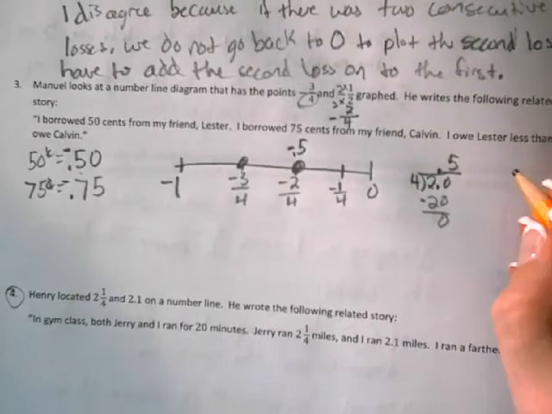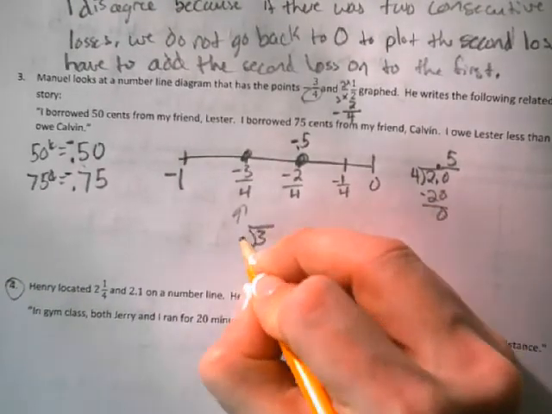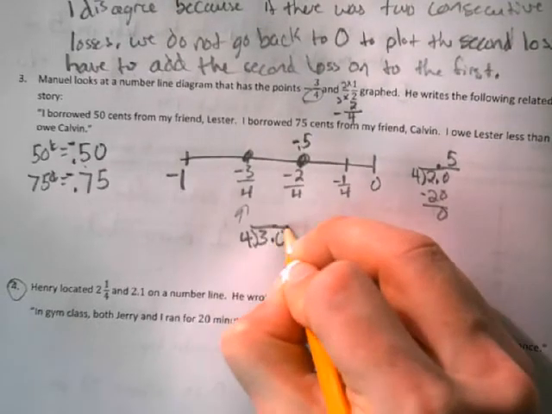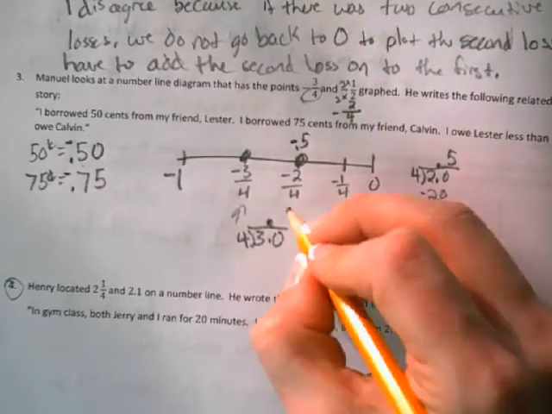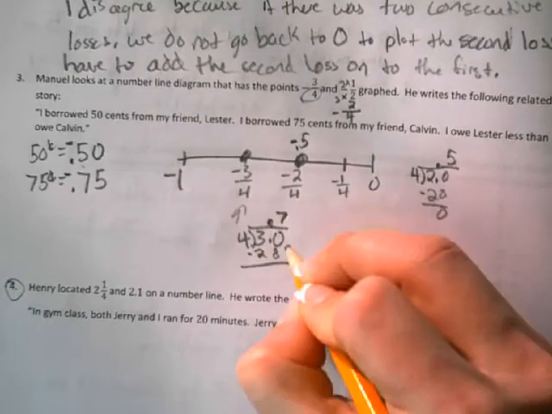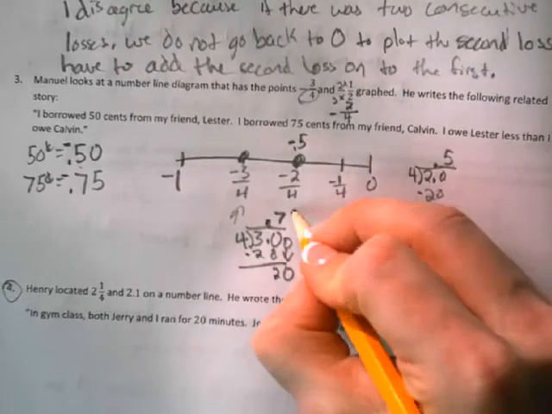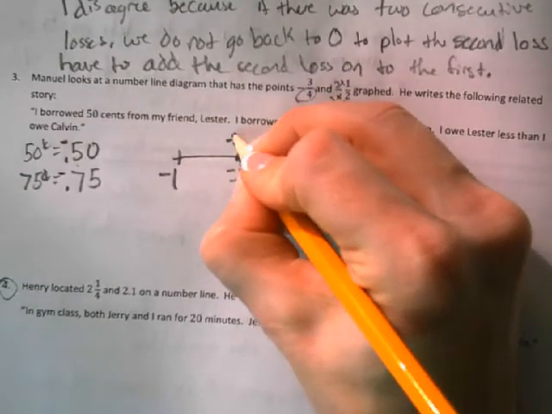And then I have a 3/4 right here. So I take my 3 divided by 4. 30 divided by 4 is 7. I subtract that, I get a 2. Bring down the other 0. 20 divided by 4 is 5. That gives me a negative 75 cents.